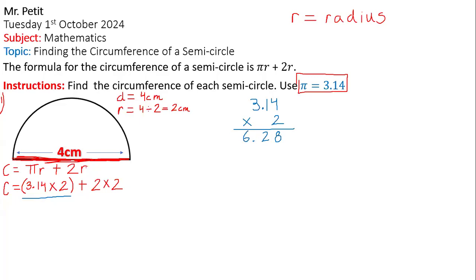Put a decimal point right there. That's gonna be 6.28. That makes sense? Okay. All right, so now we know that this is 6.28. So we have that C, or the circumference.